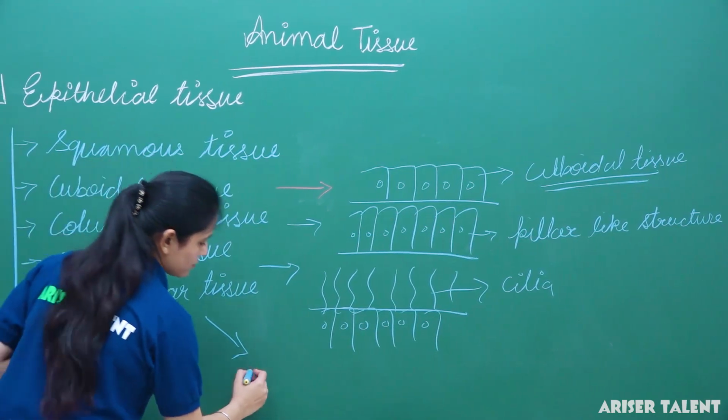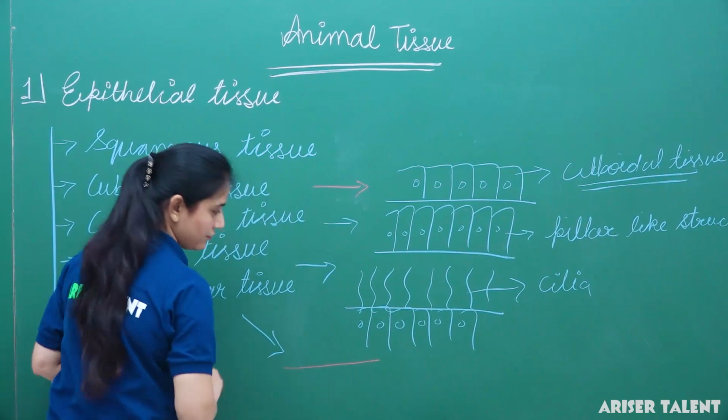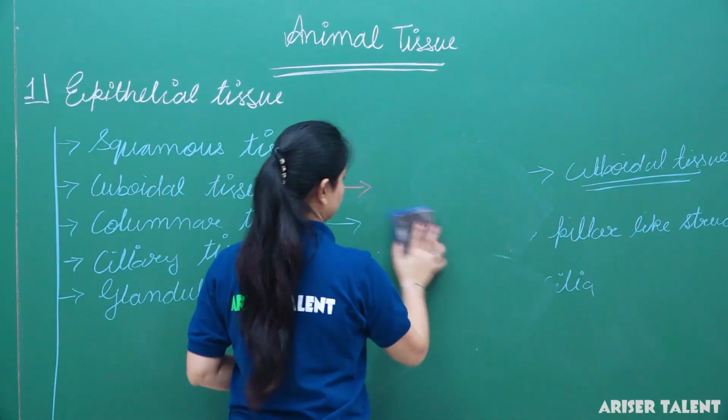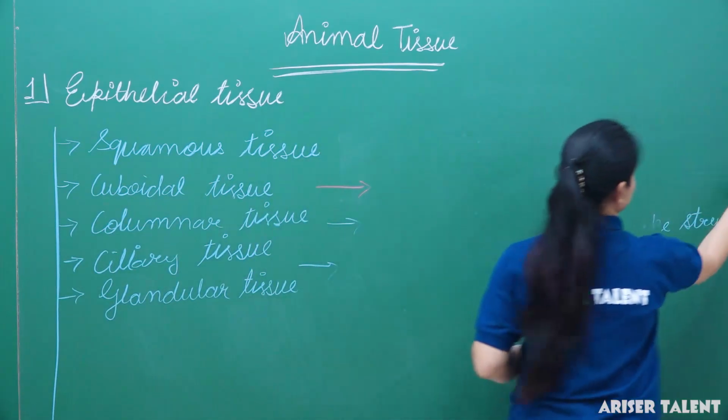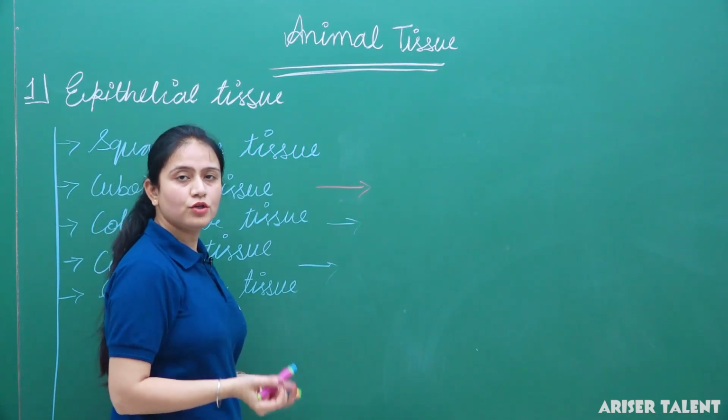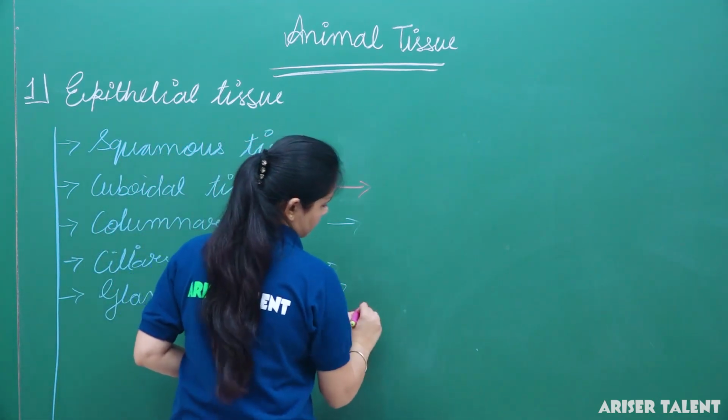Glandular tissues, they again have, let me draw it here, some columnar or cuboidal cells.